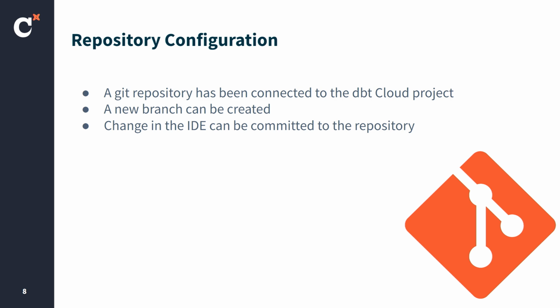We want to make sure once you start with DBT Cloud, it's connected, and once you are in our IDE, you are able to create new branches and commit changes back to your repository.